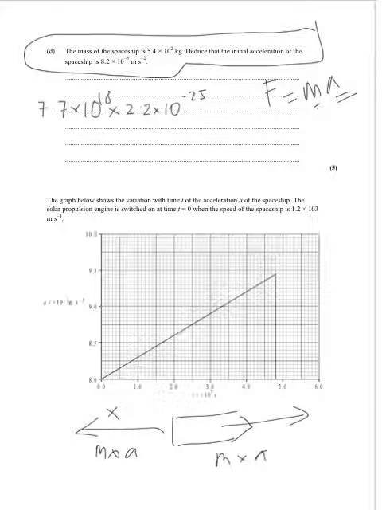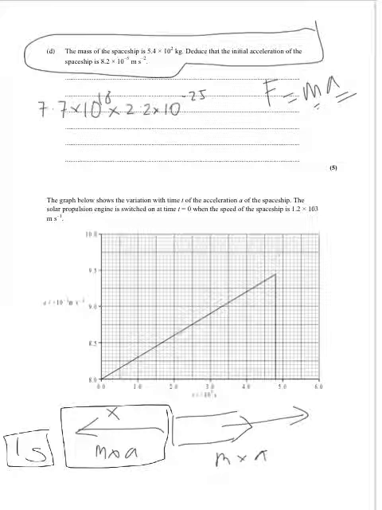Now, the mass of the xenon that leaves the rocket in 1 second, and that's actually an important fact, is going to be equal to 7.7 times 10 to the 18, that's given in the previous question. That's the number of xenon ions leaving the rocket, times the mass of one xenon ion. So this will give you the mass of xenon leaving.